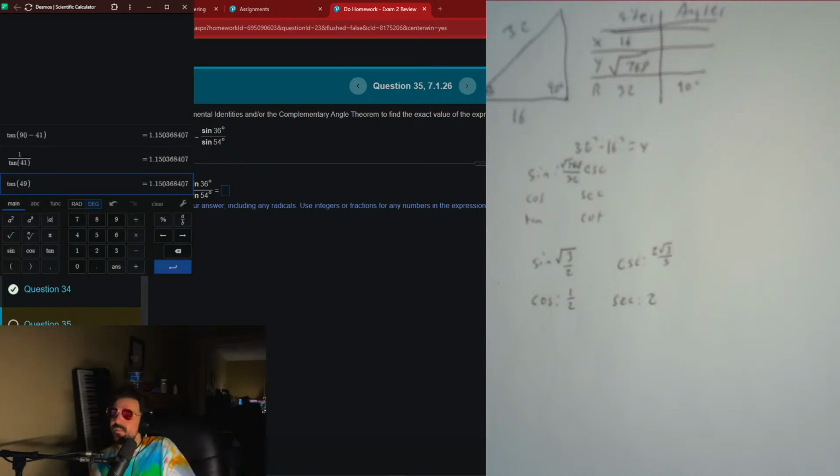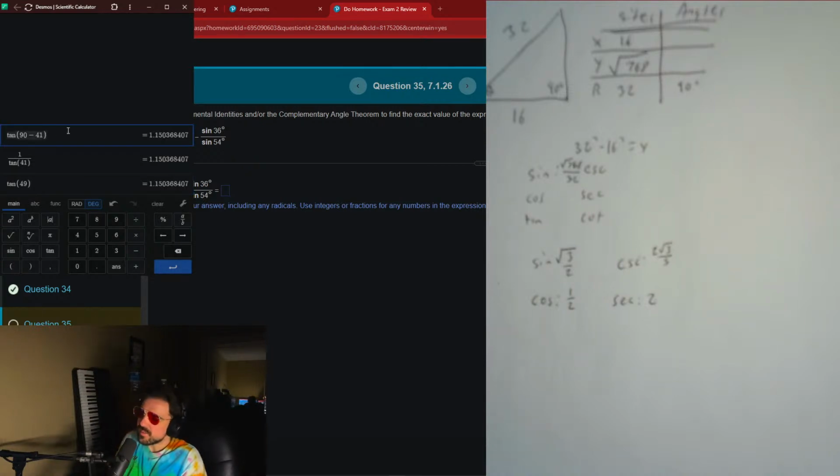So sine 54 should be equal to cotangent 36. Which is like 1 over tangent 36. Nope.